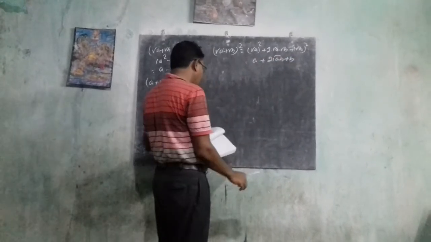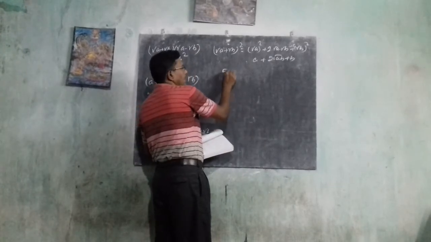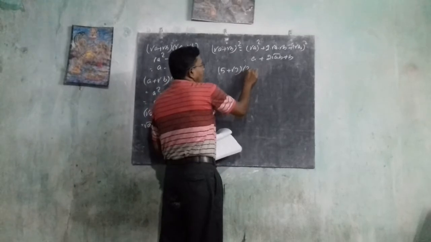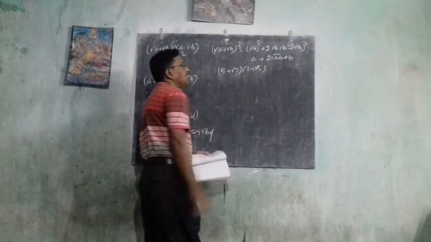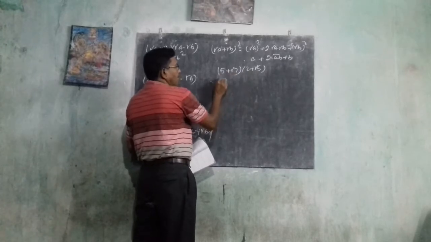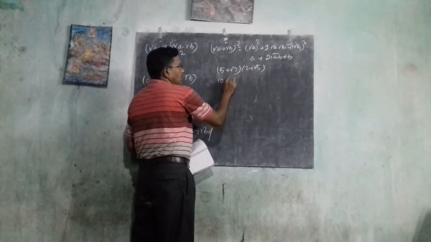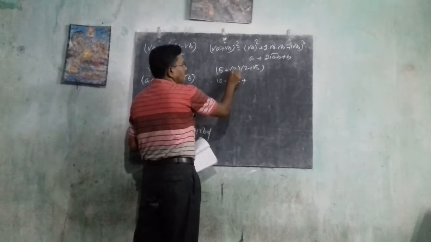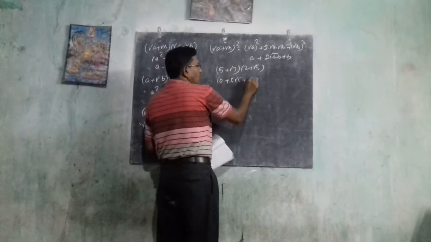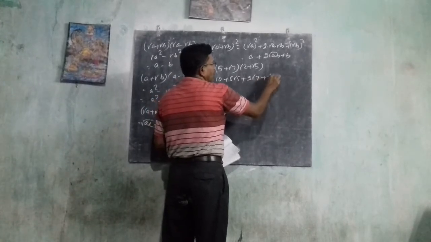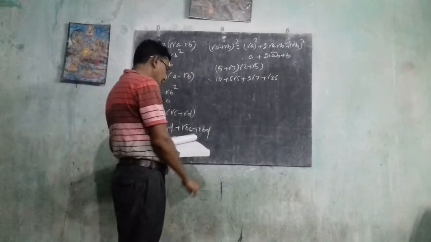This type of numerical problem: suppose given 5 plus root 7 and 2 plus root 5. How can we multiply? 5 with 2 is 10, plus 5 into root 5, 5 root 5, plus root 7 into 2, 2 root 7, plus root 7 into root 5, root 35.